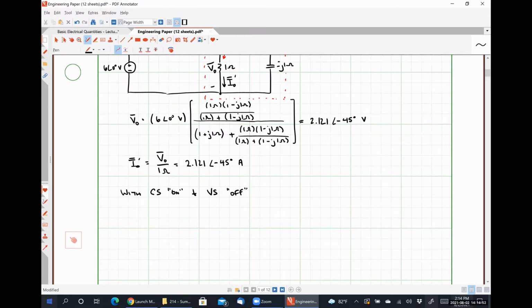All right, so what it should look like would be, here's my 1 ohm resistor. Here's my j1 ohm inductor. Here's my 2 angle 0 degrees amp current source. My voltage source is a short circuit.